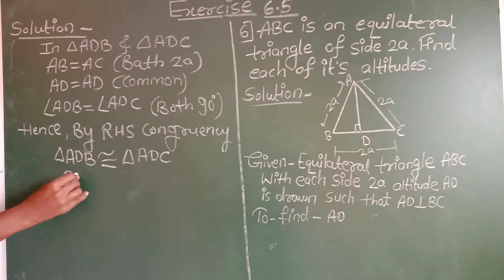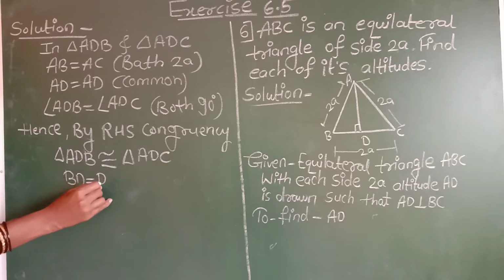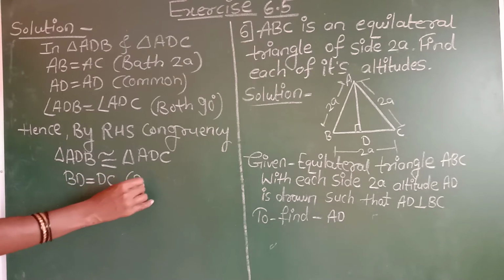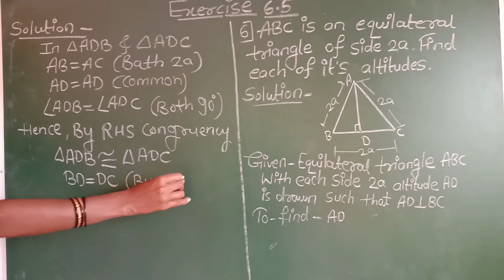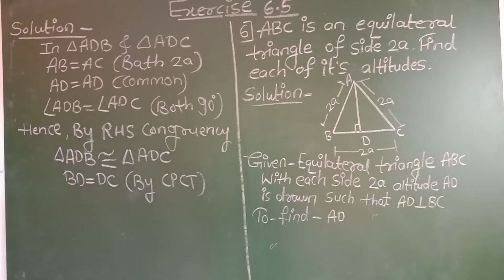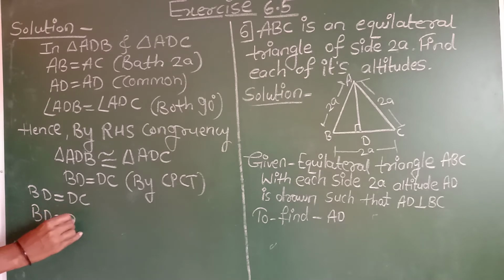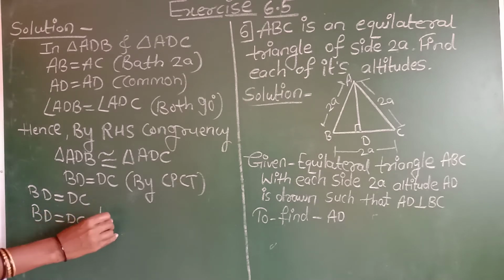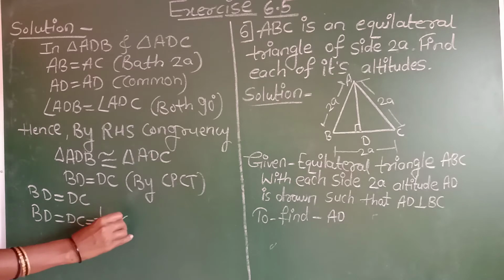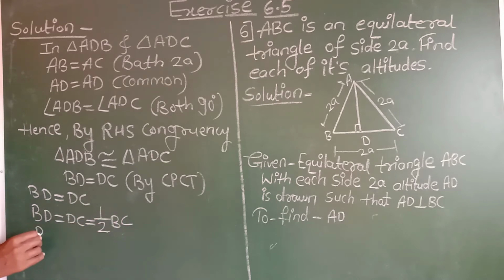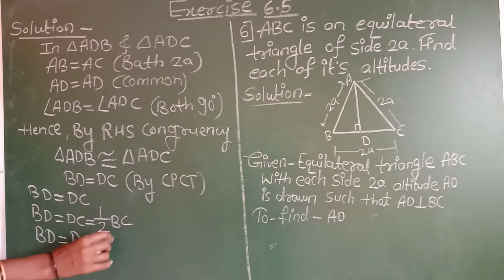Here BD is equal to DC. How is this? By CPCT. Next, BD is equal to DC is equal to half of BC.